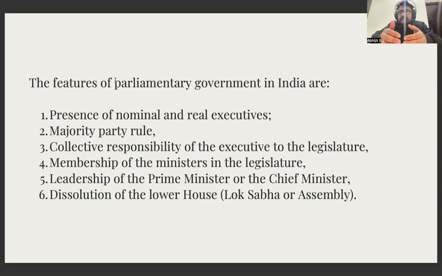So again, there is a collective responsibility of the executive to the legislature.